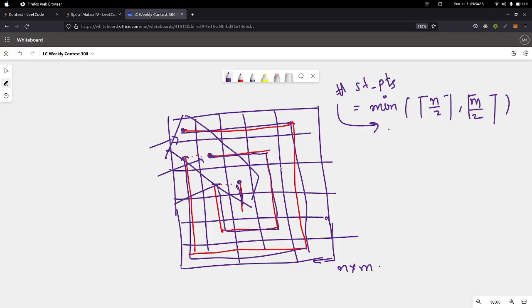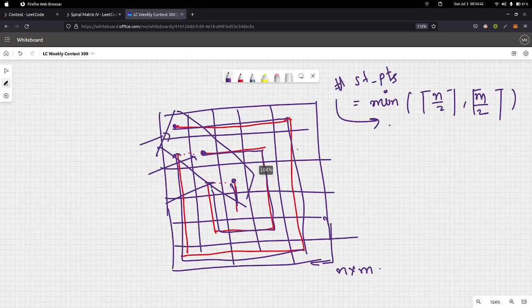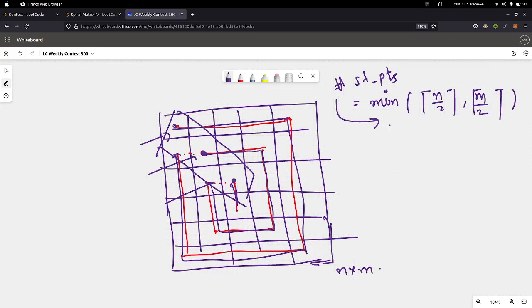Okay, right. And then one more thing to note here is this: during the traversal, once we have the starting point, in each layer we have to define where we should end and start in each direction of the traversal, right? Whenever we have a starting point, we first go from left to right in the first row.